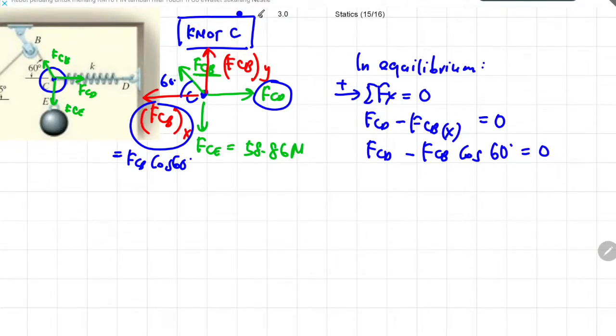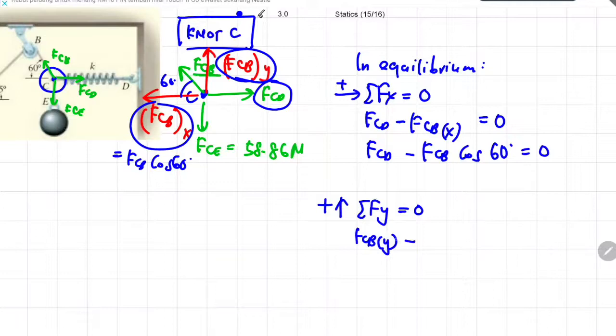Okay, we further our analysis in the y direction. Similarly, we assume the upward direction to be positive. So the summation of forces in the y direction should be equivalent to 0. So we write down what forces exist in the y direction. The first one is the FCB along the y direction.